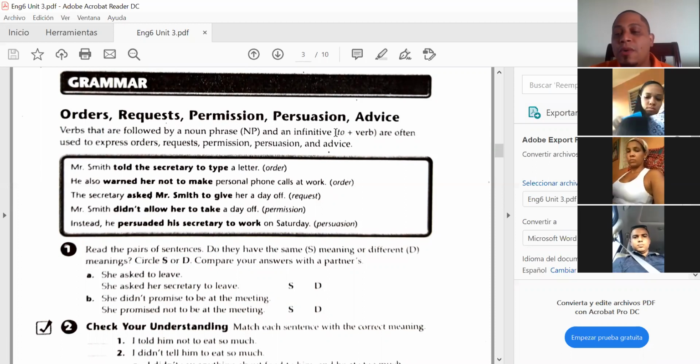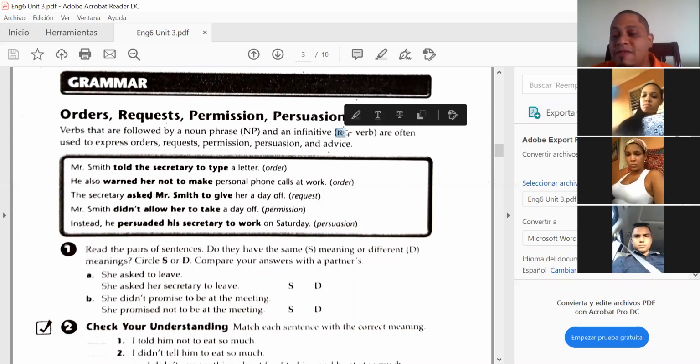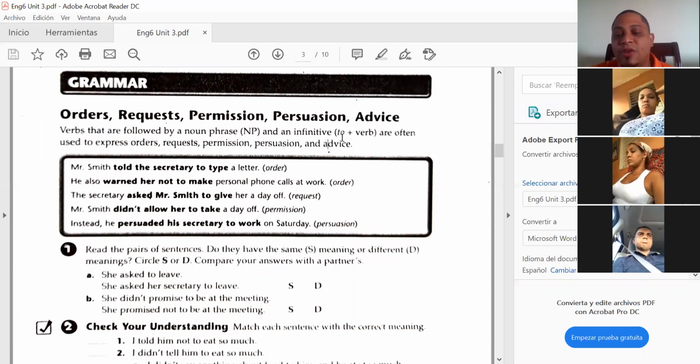You guys know that for you to form the infinitive in English, you need to have the particle or the preposition to. You see, to love, to go, to do, to see, to study. Whenever you put to in front of a verb, you are using the infinitive.